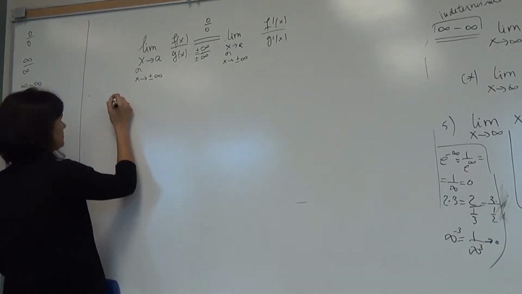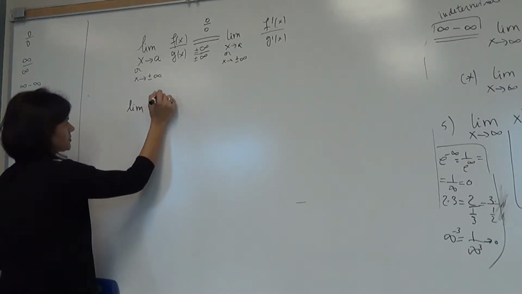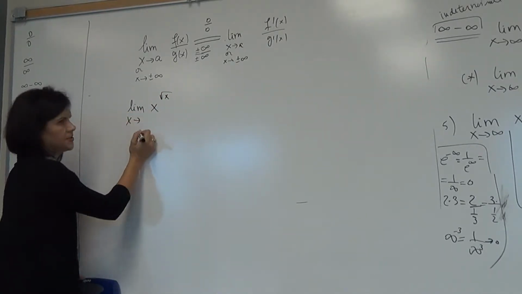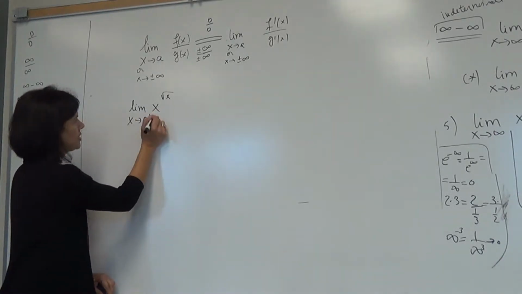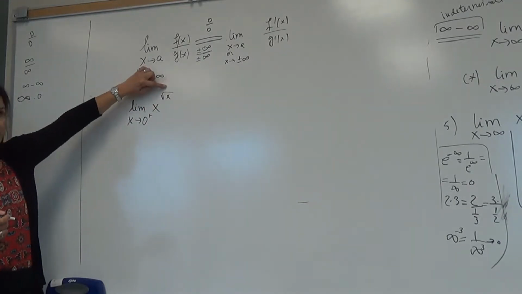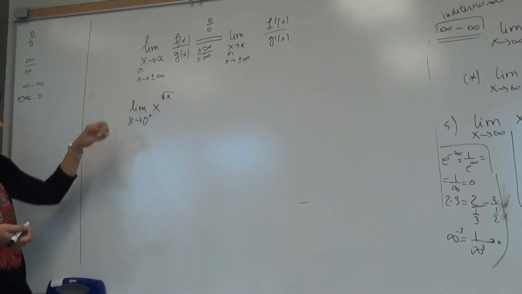And then the last application of L'Hopital is when we have, for example, x to the square root of x. What's that one? Is it going to 0? Yeah, 0 with plus. Now 0 with plus, in order to have this one defined, a square root requires only positive numbers. That's why I put plus here.